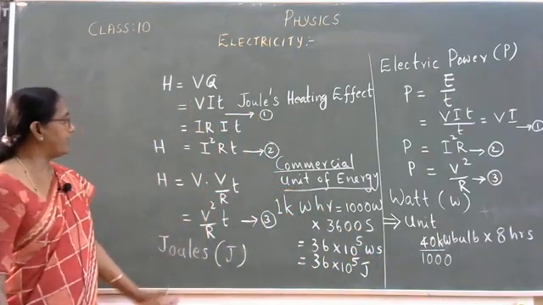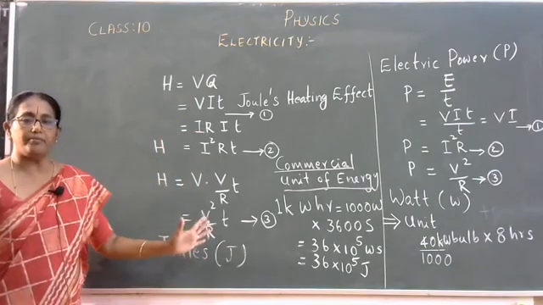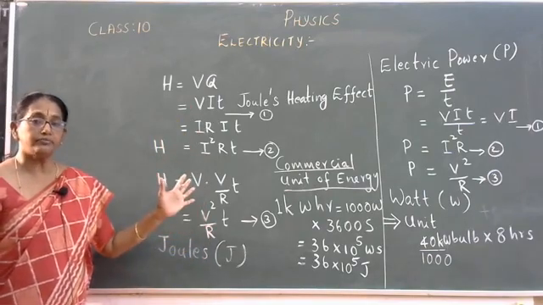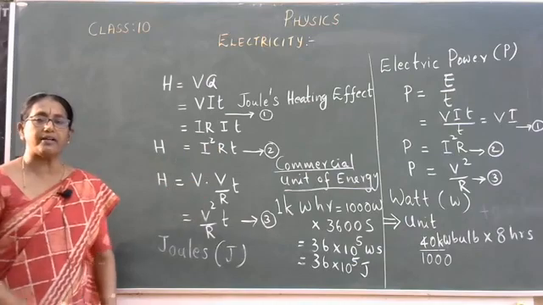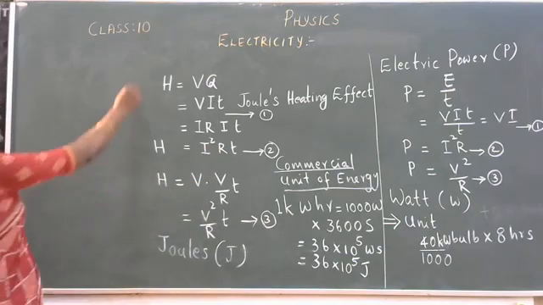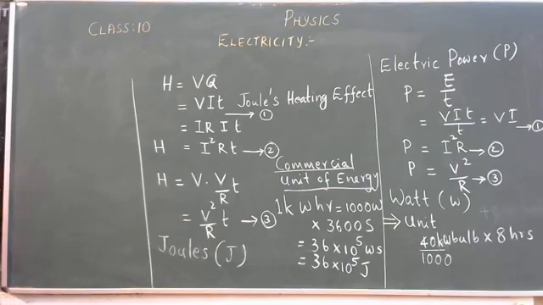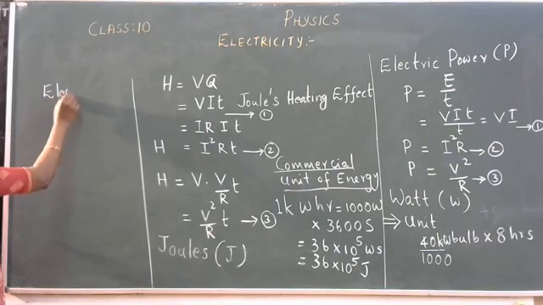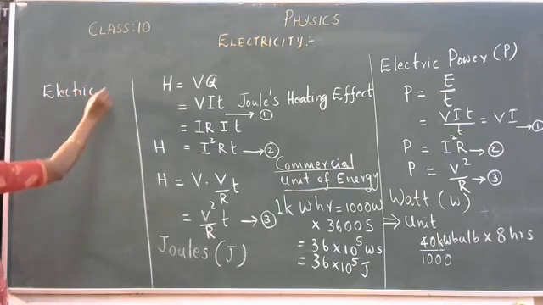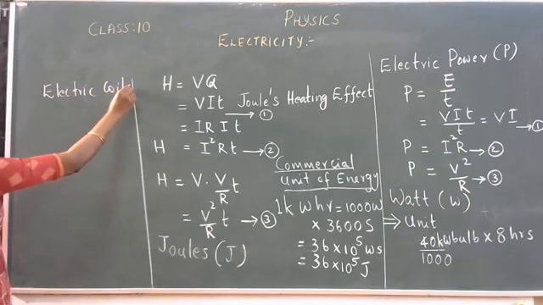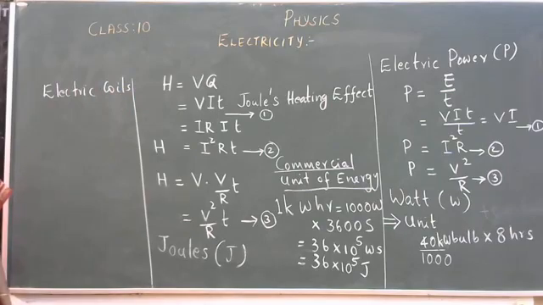So from this what can we learn? Heat energy can be produced when electrical energy is passing through devices. So we can have certain devices. You might have seen many devices like electric iron box, electric coils. Wherever electric coils are used, what is the principle?